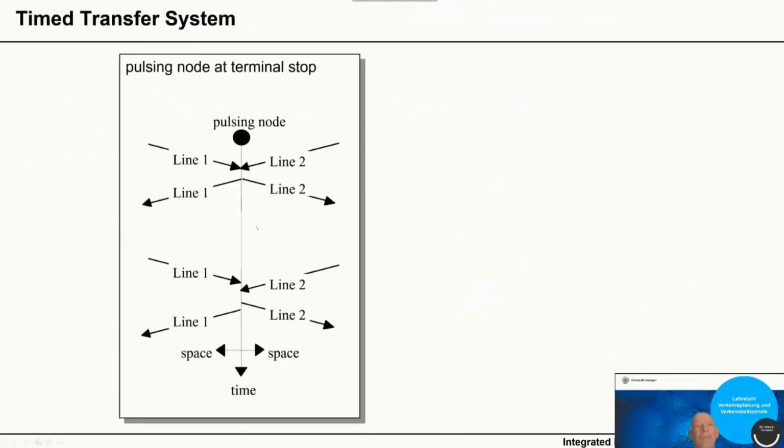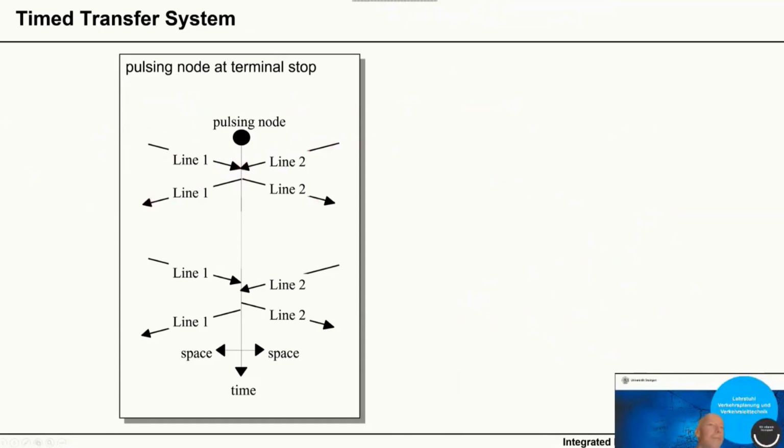What do we want to have if we have a terminal stop where lines have to turn around? We want the lines to come in, and all lines meet here and all lines go out after maybe 5 or 10 minutes.